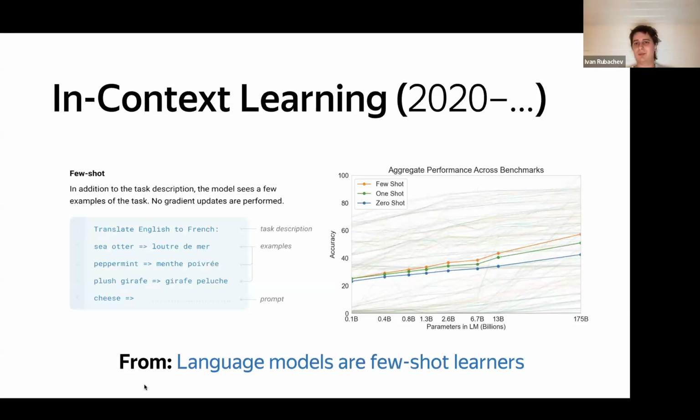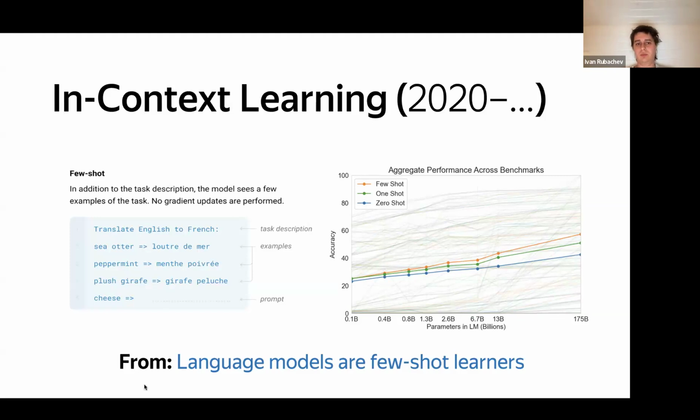I guess everyone is familiar these days with the concept of in-context learning. For me, the moment where it all erupted was the GPT-3 paper, which showed that sufficiently large, sufficiently long pre-trained models exhibit some kind of in-context learning.